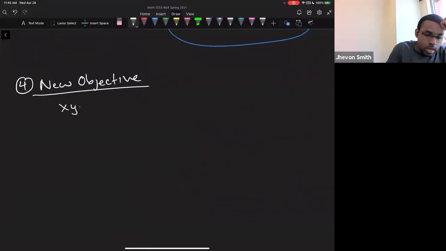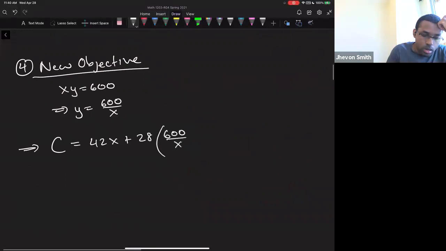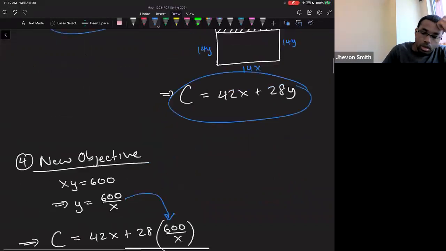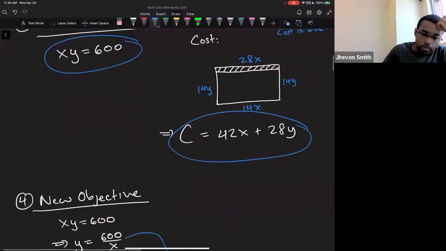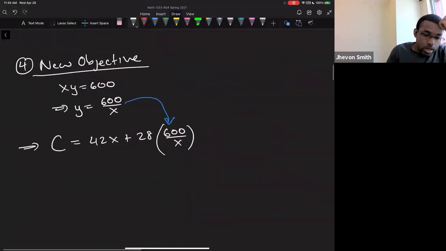Since xy equals 600, this means that y equals 600 over x. And so this tells us that our cost is going to be 42x plus 28y, so that's what goes in here for the 28y. Now, that's our new objective function.